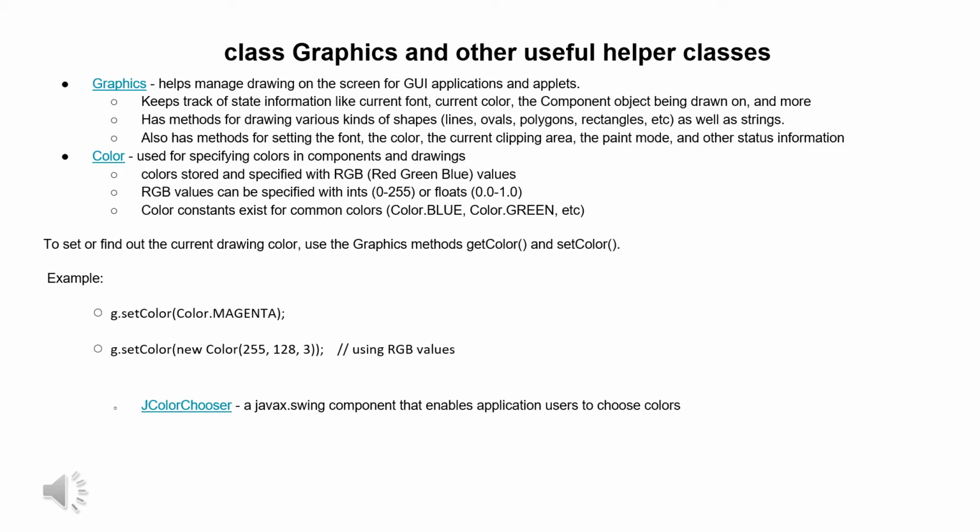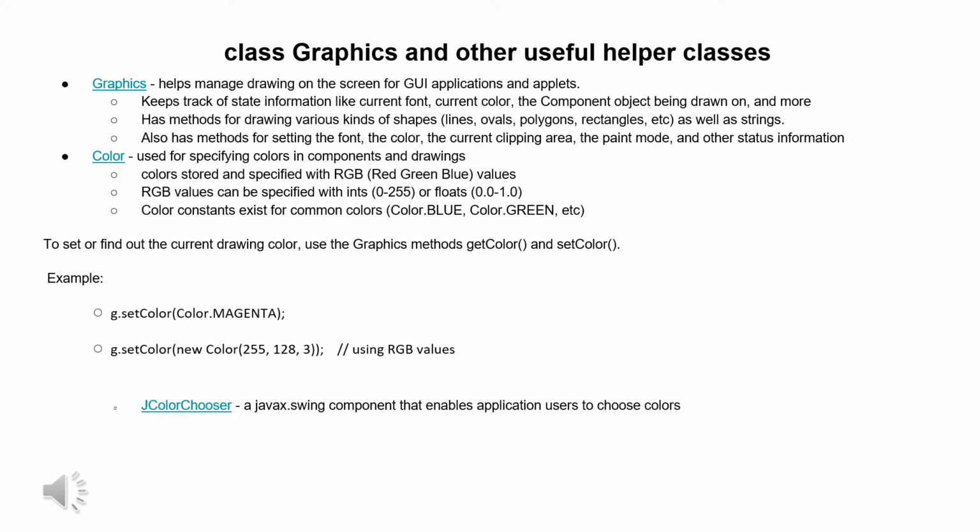Here we are going to see the class Graphics and other useful helper classes. So first, Graphics. That's a class that helps manage drawing on the screen for GUI applications and applets. It's good to know that it keeps track of state information like current font, current color, the component object being drawn on, and more.